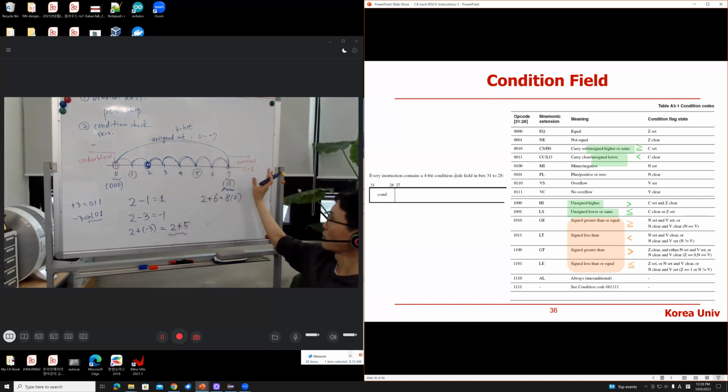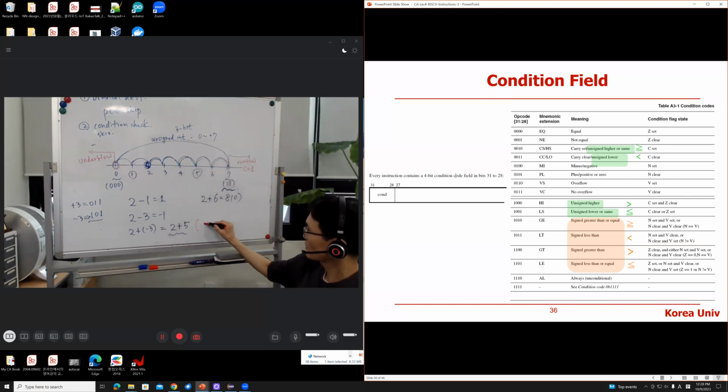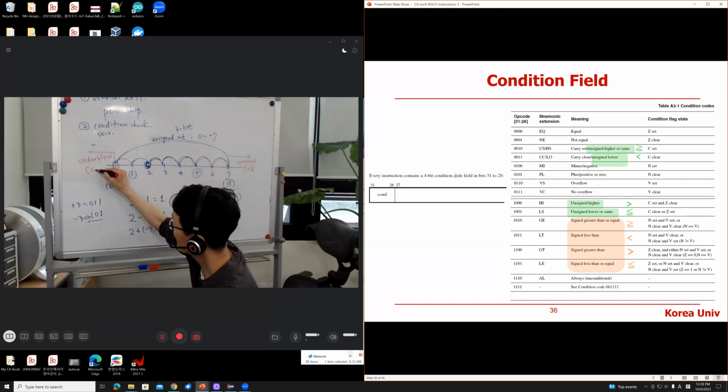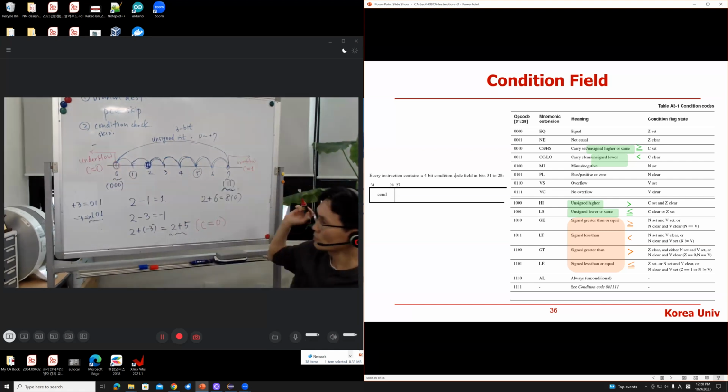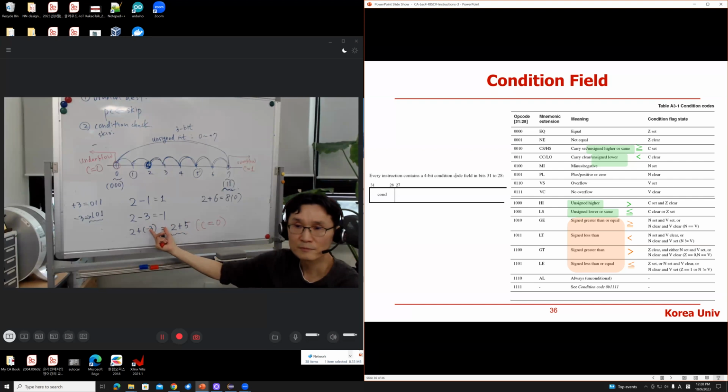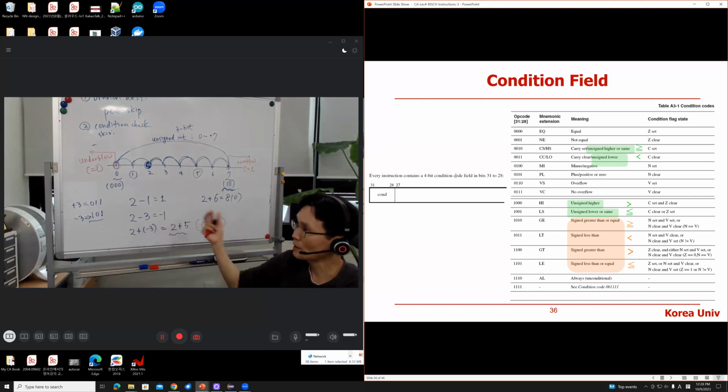So how about the carry bit in this case? The carry bit is set to 0 on the flow, right? If the carry bit is set to 0 after subtraction, be careful.